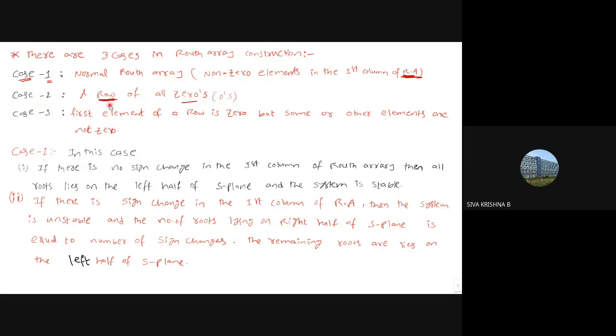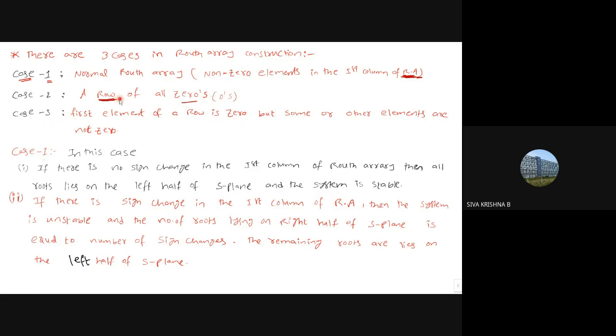Case 2 is a row of all zeros. Case 2 here is a row of all zeros. And case 3 here is the first element of a row is 0. And the remaining may be 0 or not 0, it doesn't matter. But the first element is 0.